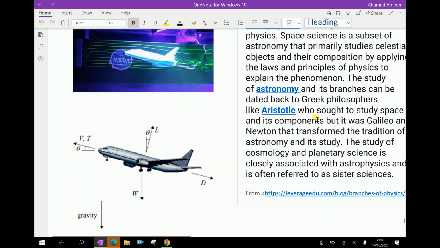The study of astronomy and its branches can be dated back to Greek philosophers like Aristotle, who sought to study space and its components, but it was Galileo and Newton who transformed the tradition of astronomy and its study. The study of cosmology and planetary science is closely associated with astrophysics and is often referred to as sister science.